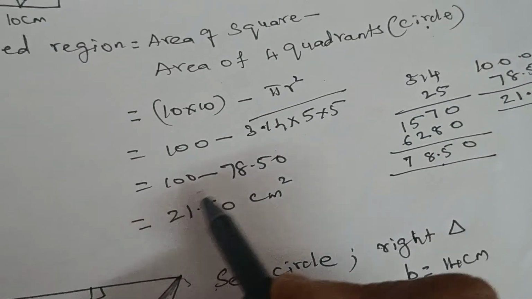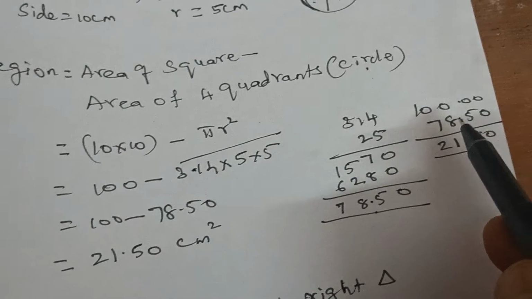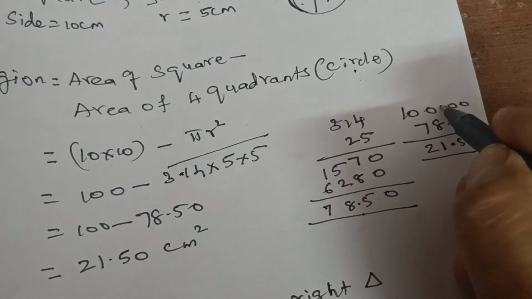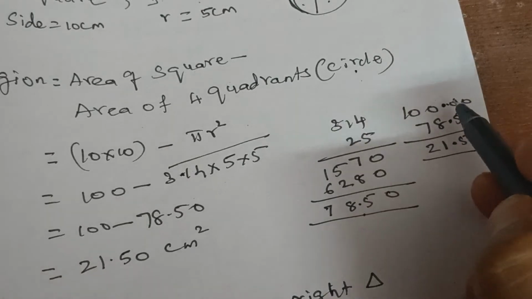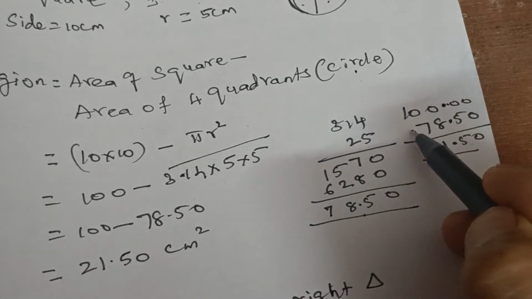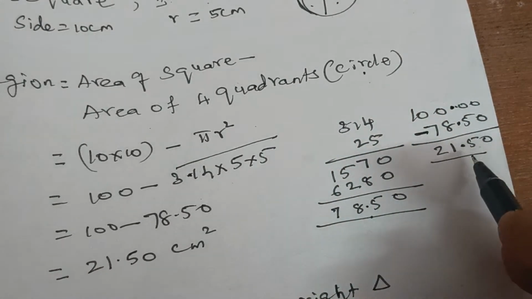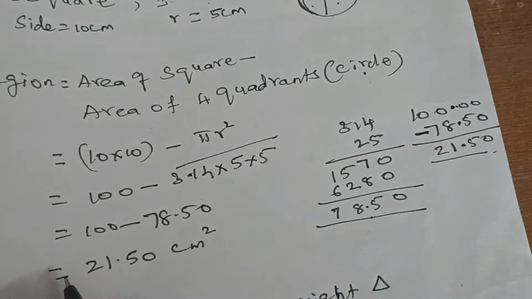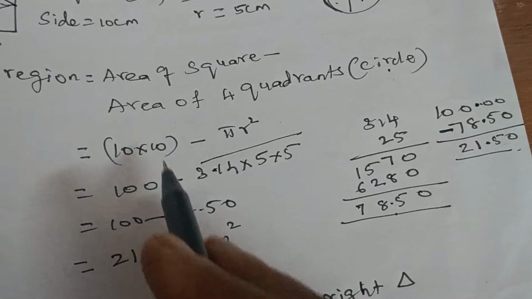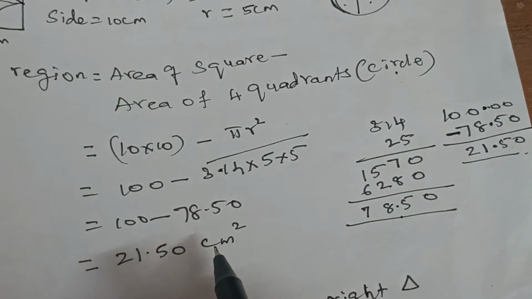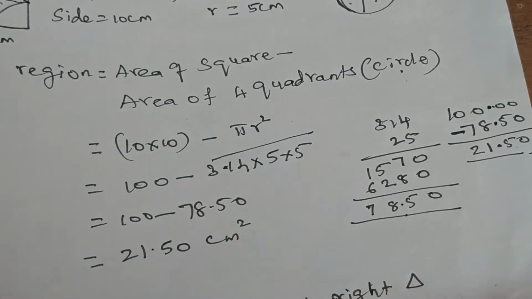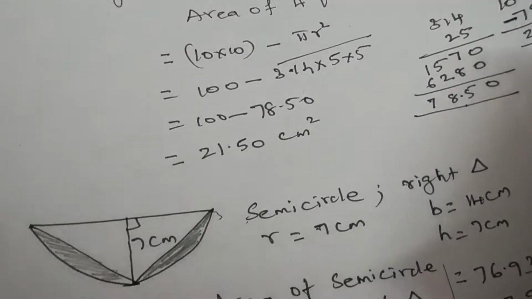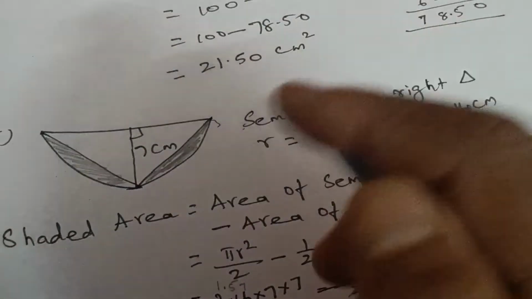You get 78.50. Now 100 is a whole number and 78.50 is a decimal number, so in 100 the decimal part is 00. You borrow and subtract. We get the answer as 21.50 centimeter square, because it is the area. Unit of area is square units.